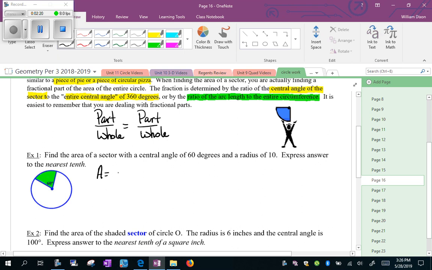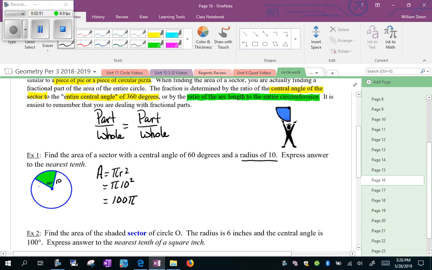So area equals pi r squared, and the radius given to us is 10, so that equals pi times 10 squared, or 100 pi. So that is the full area of our circle.